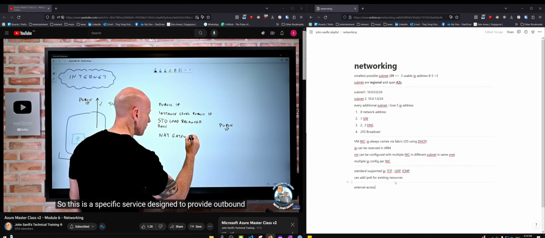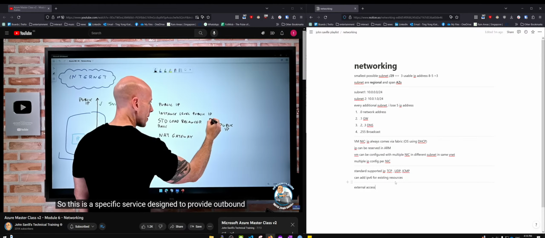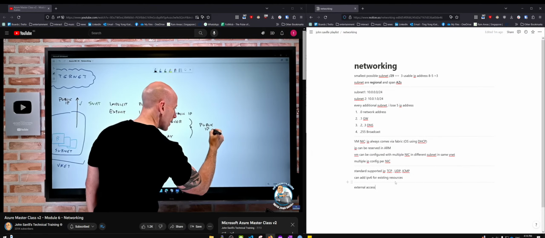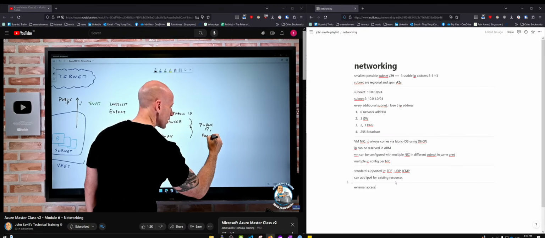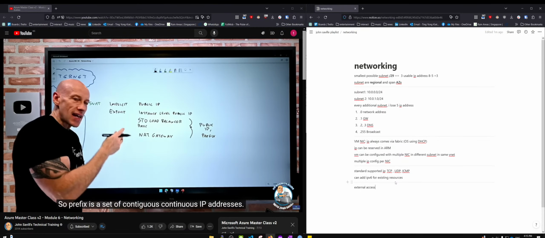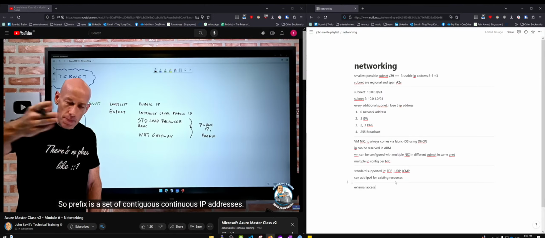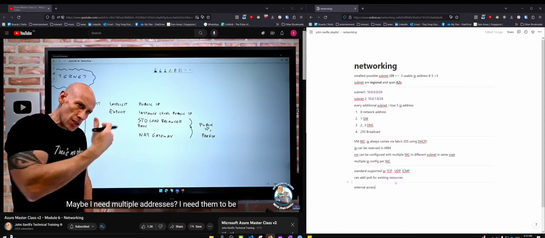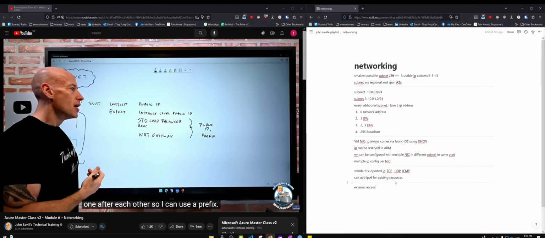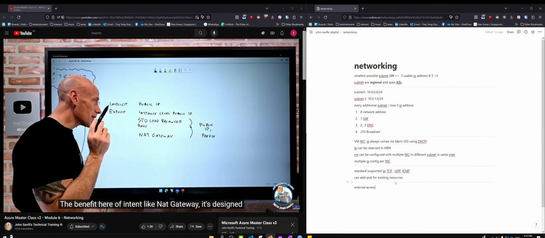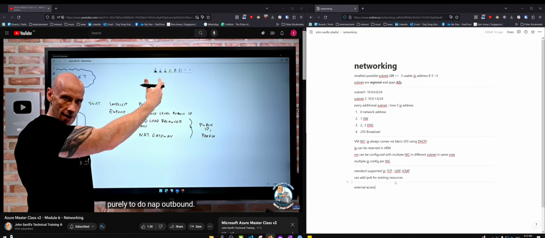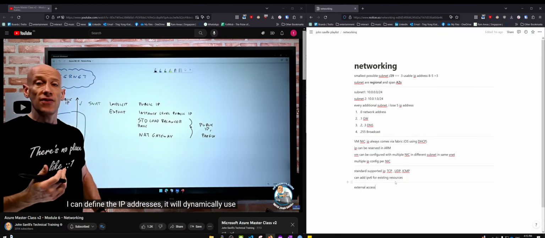This is a specific service designed to provide outbound. And for all of these, I give them a public IP or a public IP prefix. A prefix is a set of contiguous IP addresses. Maybe I need multiple addresses and I need them to be one after each other, so I can use a prefix. The benefit of something like NAT gateway is it's designed purely to do outbound NAT. I can define the IP addresses.